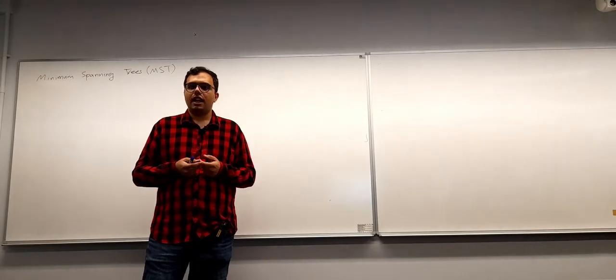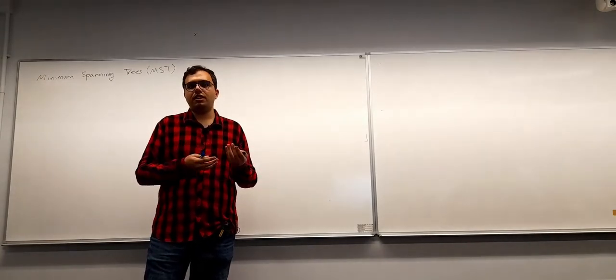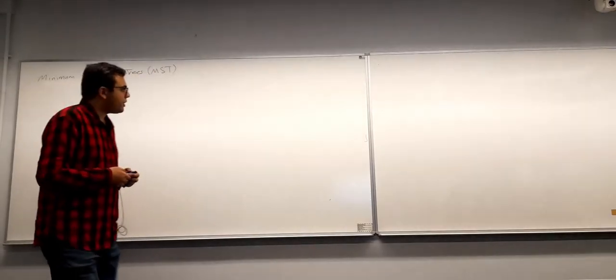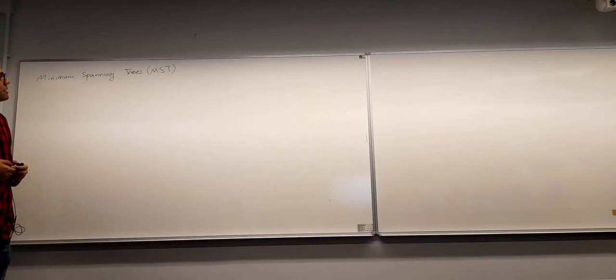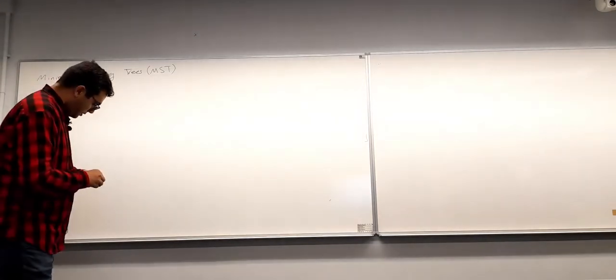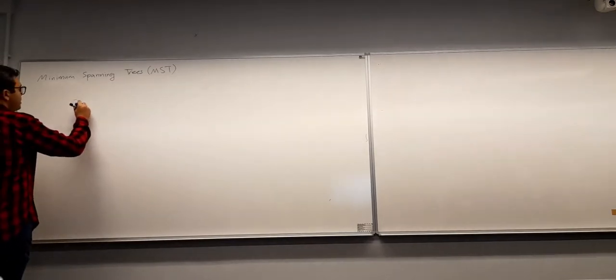A spanning tree on a graph with n nodes will of course have n-1 edges. So we want to find a spanning tree that has the smallest total weight given some graph. Now, the lemma that we usually use is something called the cut lemma.